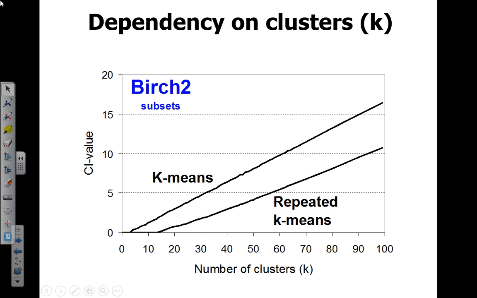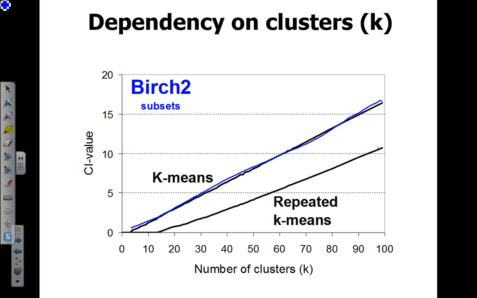Okay, another example is then the Birch2 subsets. Now remember these Birch2 subsets, where we have the number of clusters reduced by taking away the clusters one by one. So now, using these subsets, I can plot the K-means results. This upper curve represents the K-means results.